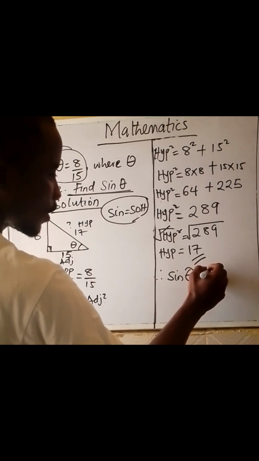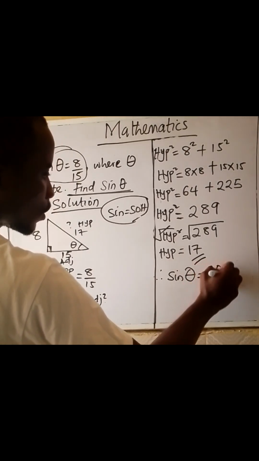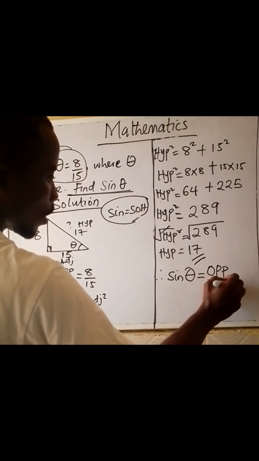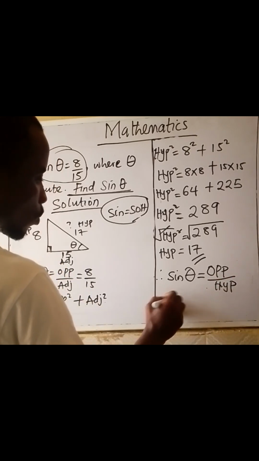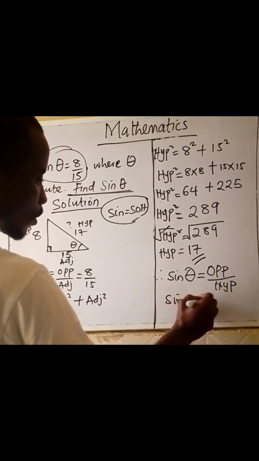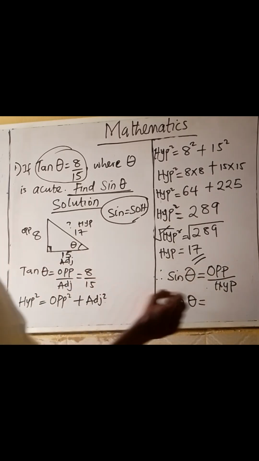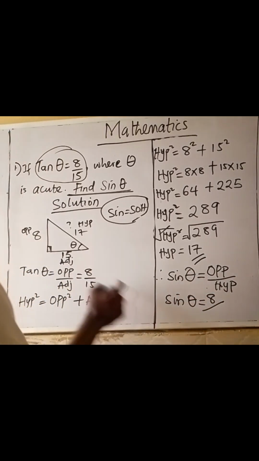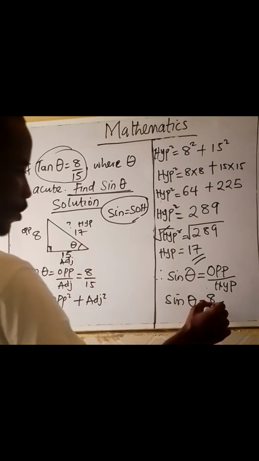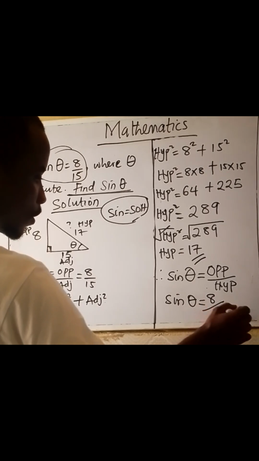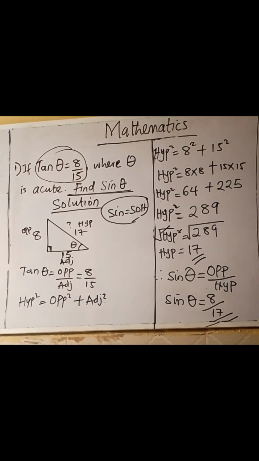So sin theta is equal to opposite over hypotenuse. The opposite is 8, and the hypotenuse is 17. So my sin theta from this triangle is 8 over 17.